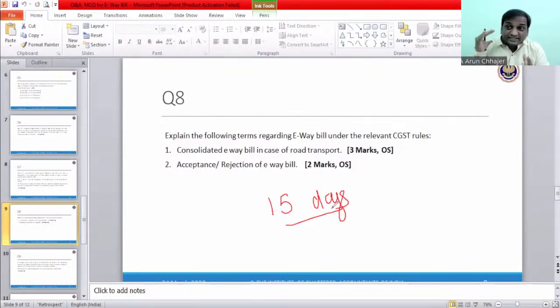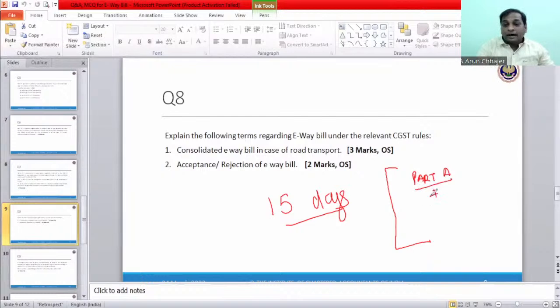Please tell me what the 15 days is. Yes, Vrinda, absolutely correct. Part A information is already added, but Part B is not added. You can update Part B within 15 days.